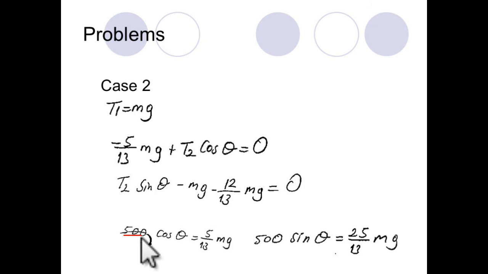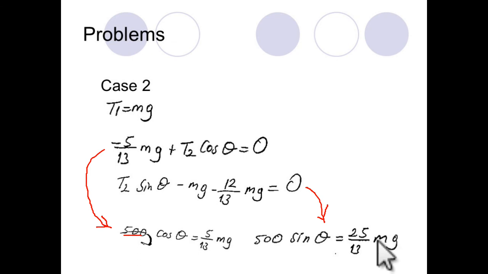So 500 cosine theta has to be equal to 5 divided by 13 mg, and 500 sine theta equals 25 divided by 13 mg. Sorry, this is my first equation. So this equation is this one, and this expression is this one.